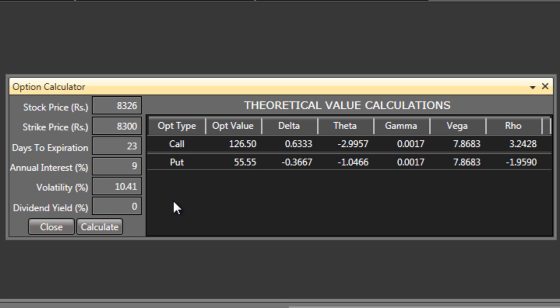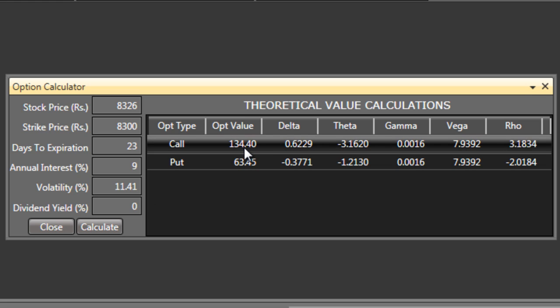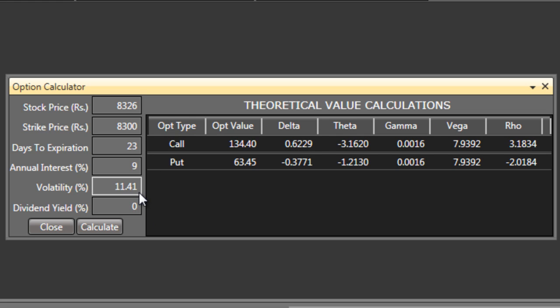From 10.41 I increase by 1, and the change of 7.86 should take the price to around 133 or 134. It has increased to 134.40. So we simply added the Vega for a 1% change in volatility. Just imagine, sometimes the market volatility is near 30.